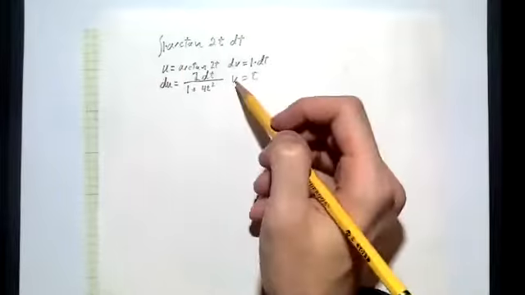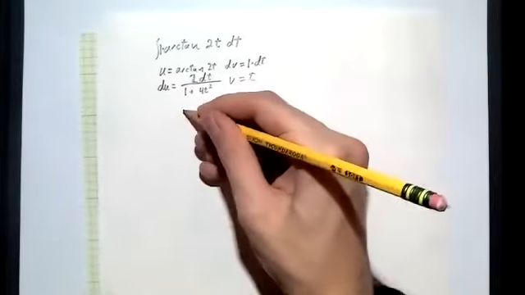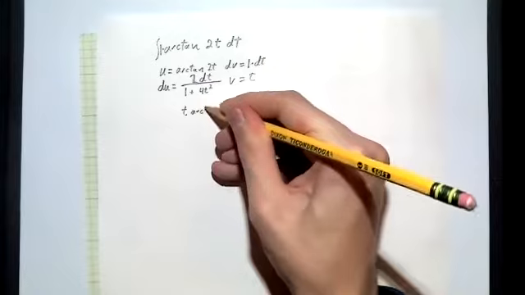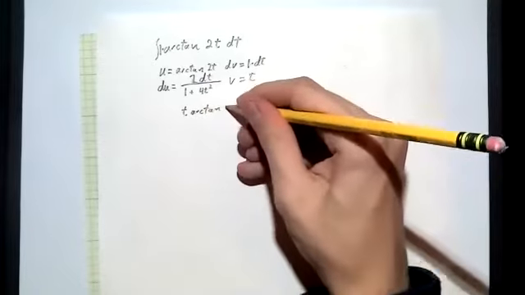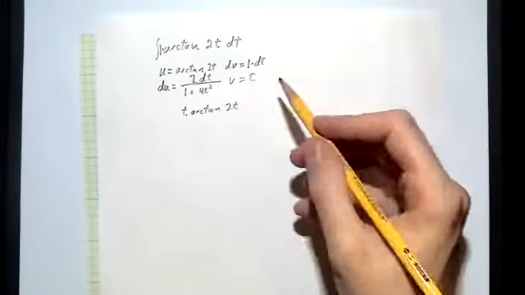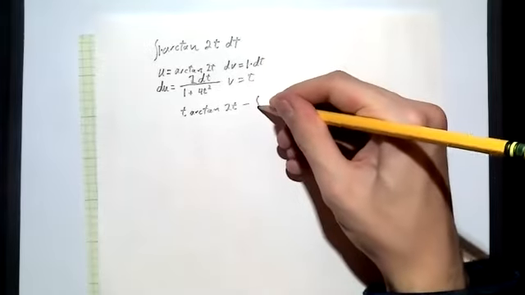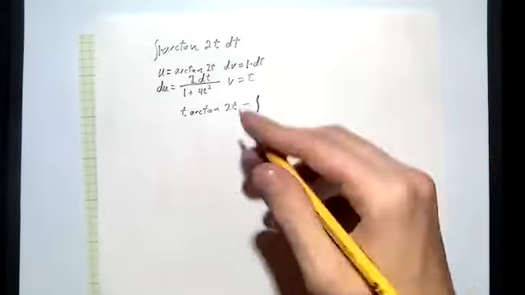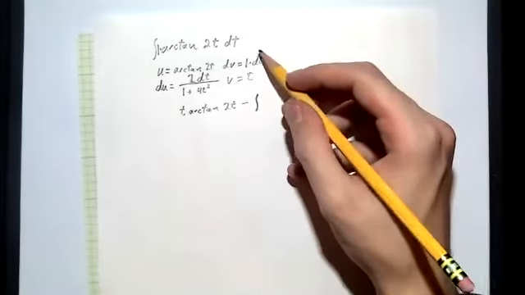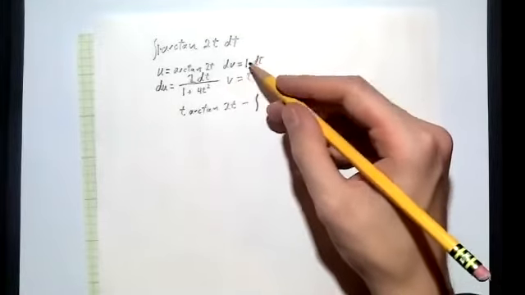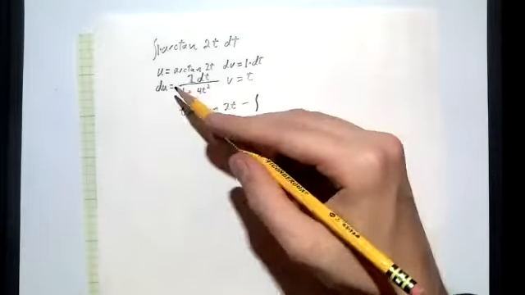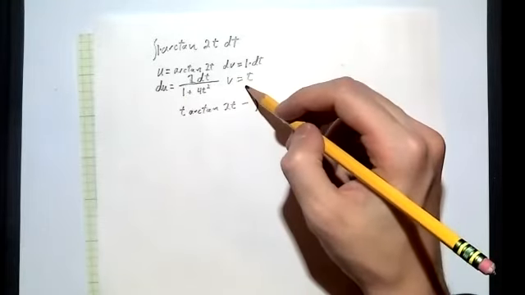So now again, we fill out our uv, so we get t arctan of 2t, and then minus the integral. This is where it gets messy. So now we have du and v.